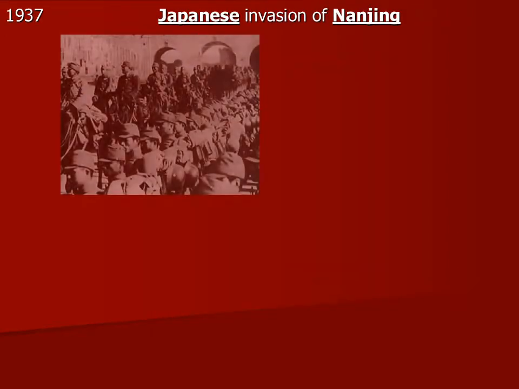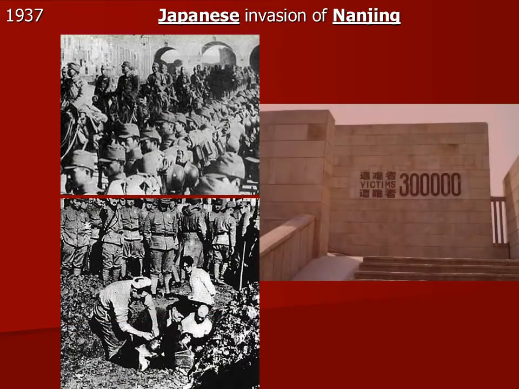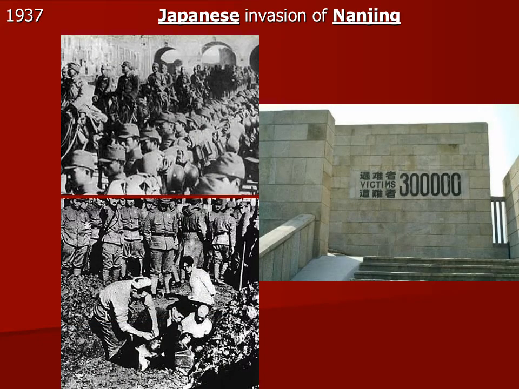In 1937, the Japanese continue their invasion of China, and it's probably one of the most grotesque invasions of the Chinese empire, which is the invasion of Nanjing, the southern capital, because the capital today in China is Beijing, the northern capital. They kill over 300,000 in Nanjing, and it's also known as the Rape of Nanjing because a lot of the Japanese men went through a rape and pillage campaign of the Chinese women.